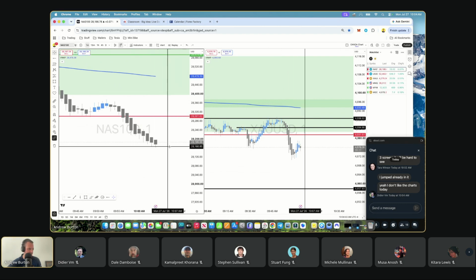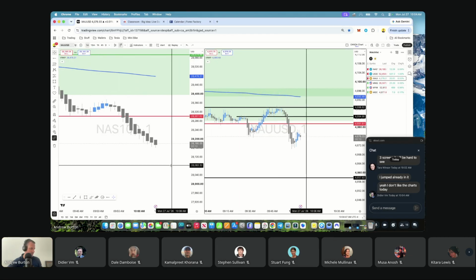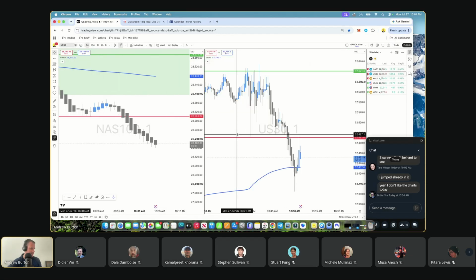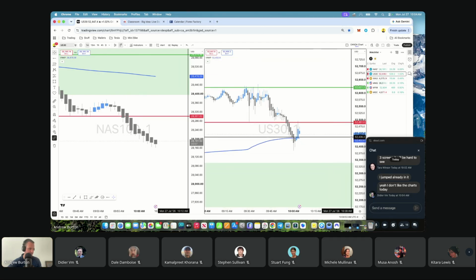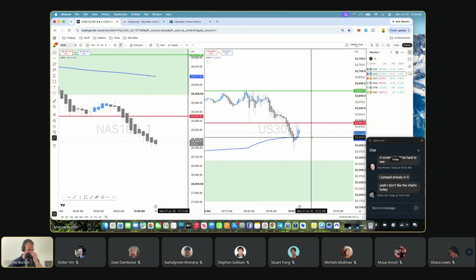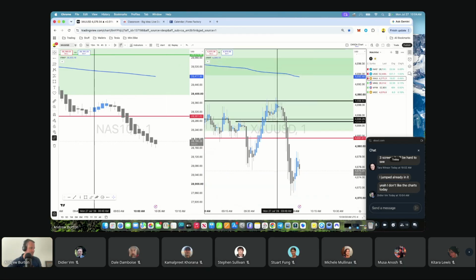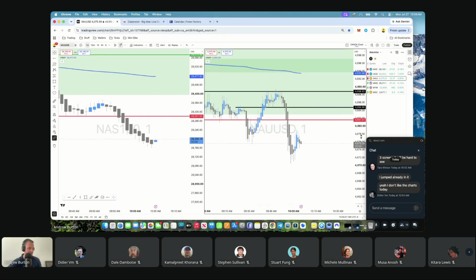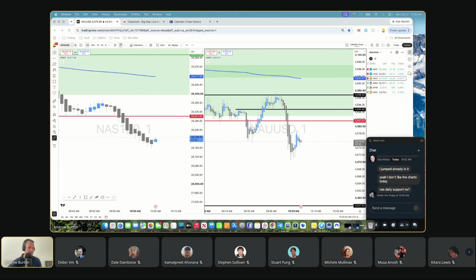And I'm surprised the Nasdaq's not pulling back more. What do we take? That's the next question. US30 is above the VWAP. Think I'm going to take gold. What the heck? Gold did good for us there last time.